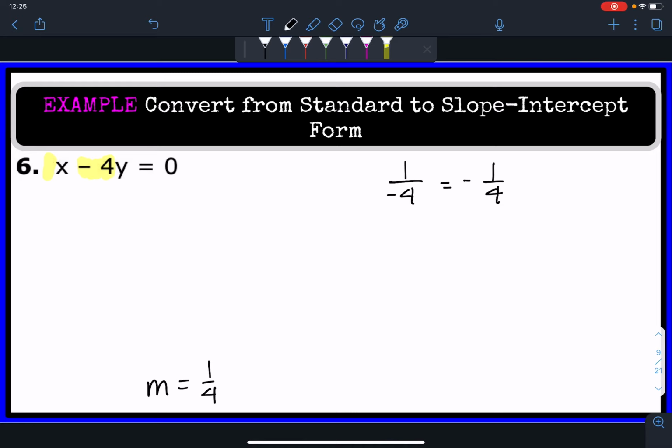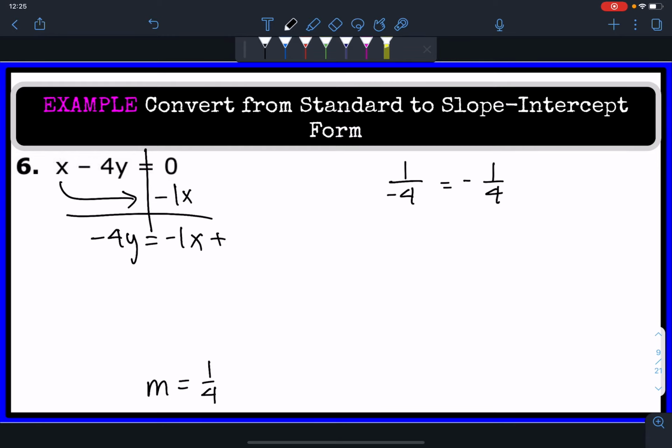So let's work it out again doing the exact same 3 steps. If I move the x to the other side, that's going to be -1x. I have -4y is equal to -1x plus 0. Adding the plus 0 is a little redundant, but I'm going to keep it there just to keep it consistent and uniform with the other examples.